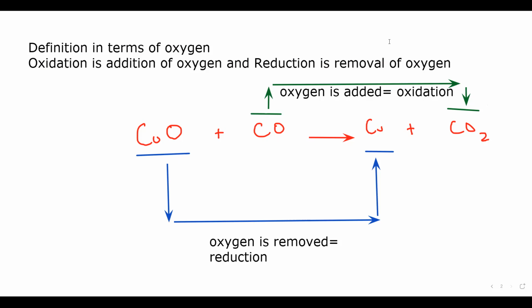So we can define oxidation or reduction in terms of electrons. We can also define in terms of oxygen. Then the third definition, we can also define in terms of oxidation number.